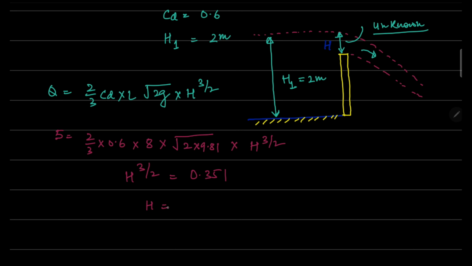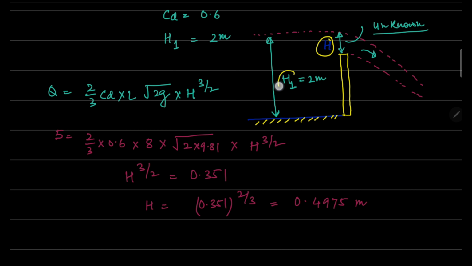So H is 0.351 raised to the power 2 by 3. This value comes out to be 0.4975 meter.